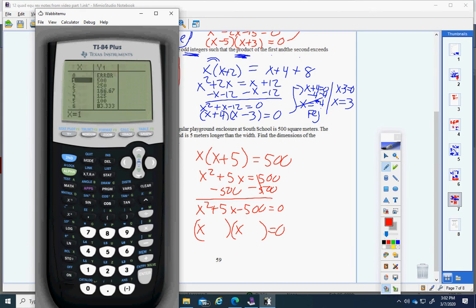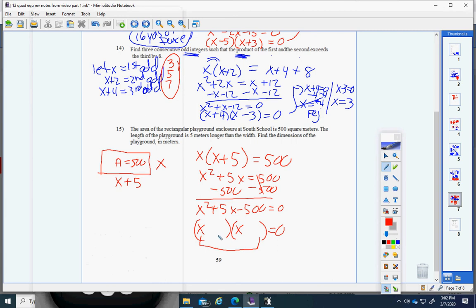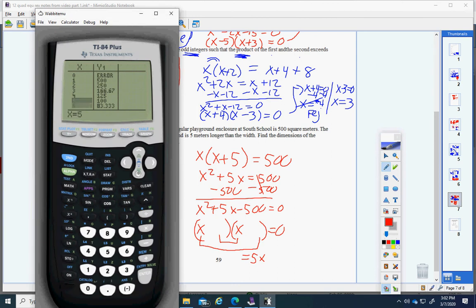And we can see things that multiply to be 500. 1 and 500, 2 and 250. We ignore the decimals. 4 and 125, 5 and 100. Remember, we're trying to find things whose outers and inners will be a 5x. So I'm going to keep on looking through this until I see something that I feel like trying.